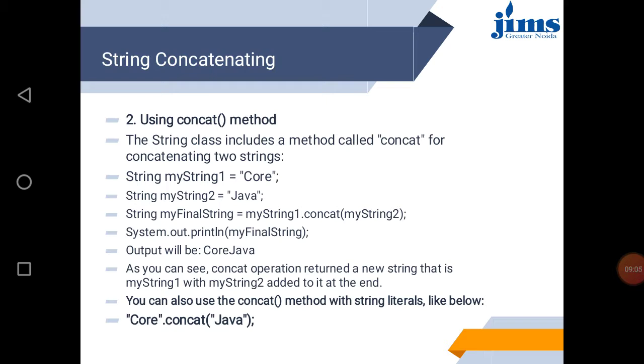So string is an object, so what we are writing, core is an object. When we are writing core dot concat and passing Java value, it will concatenate core with Java. So concat method requires one object, and whosoever object is calling this method, and we get finally the concatenated value.